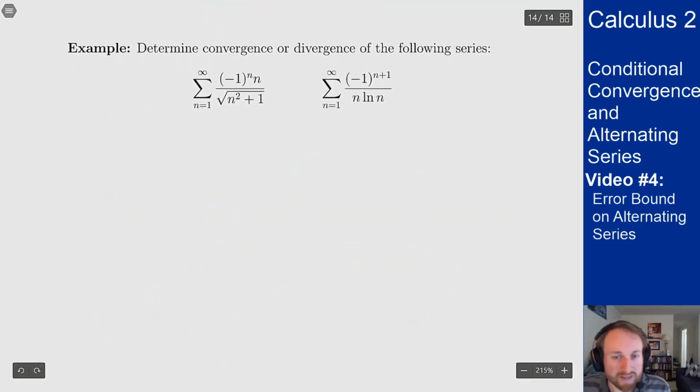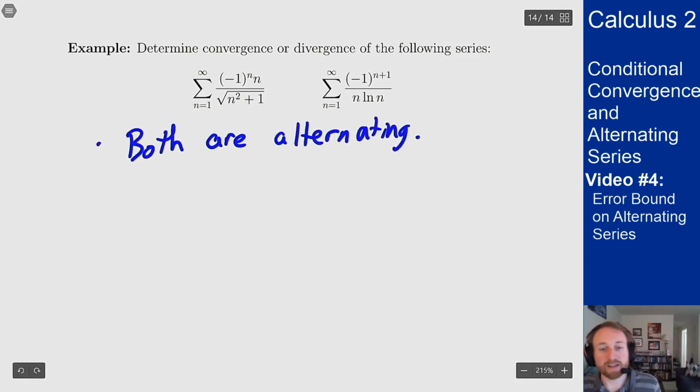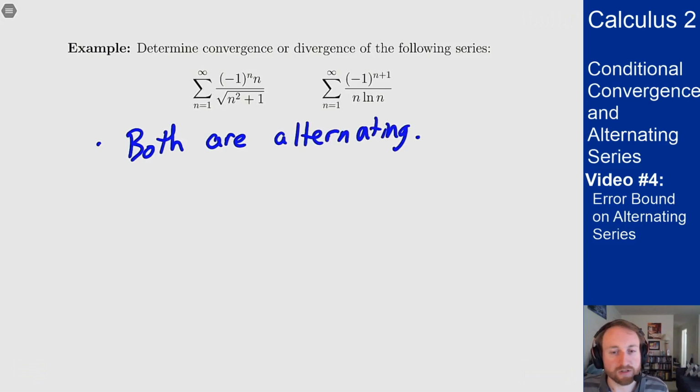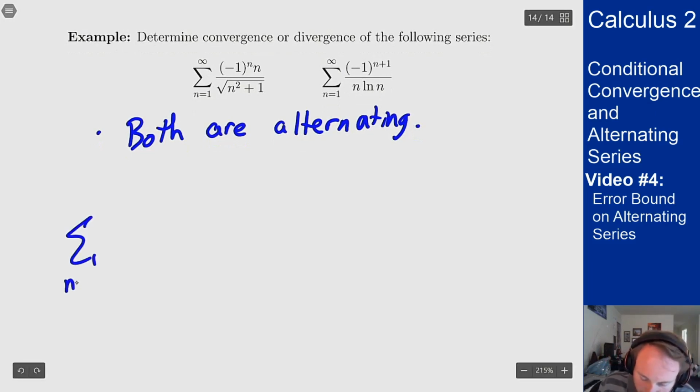So to wrap up, let's look at two examples where we want to talk about convergence or divergence of the following series. Both of these we see are alternating series. So in order to see if they converge, we must first look at, do they satisfy the conditions of the alternating series test? So this first series here is the sum from n equals 1 to infinity of negative 1 to the n times n over the square root of n squared plus 1.